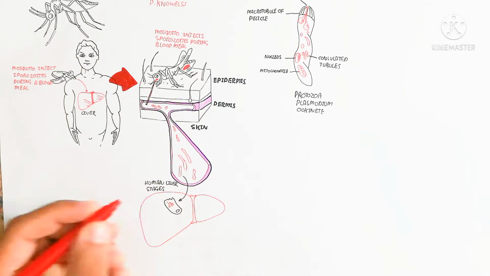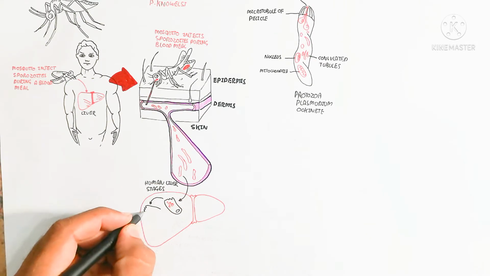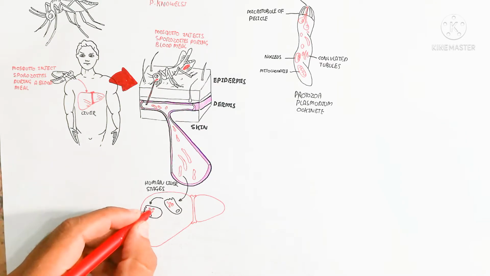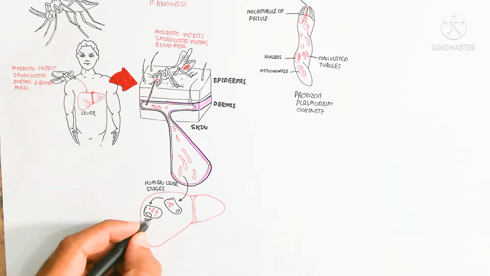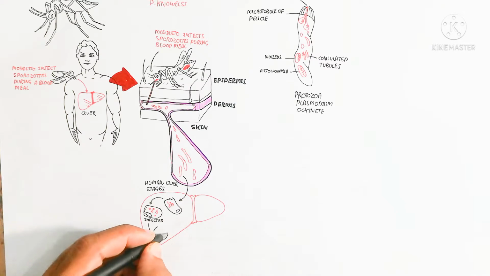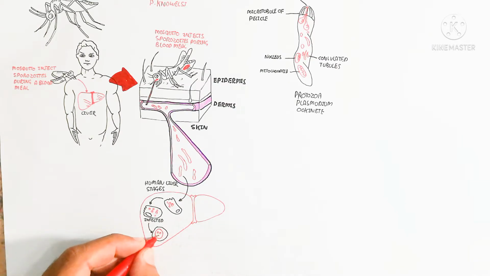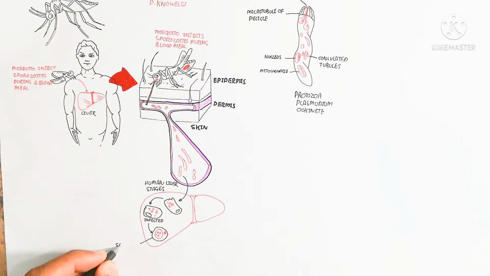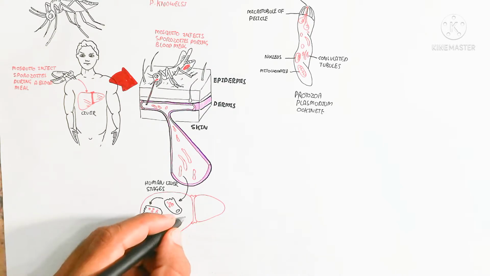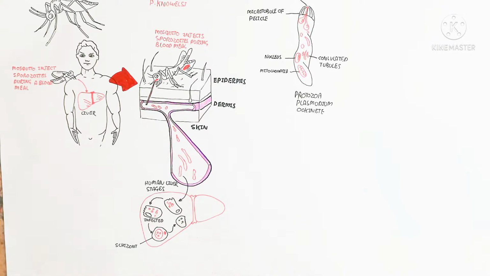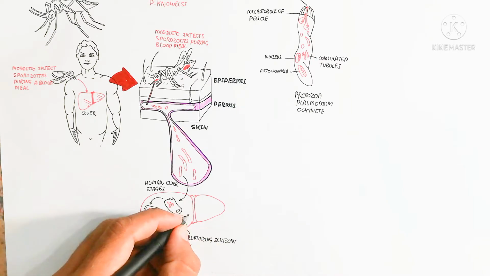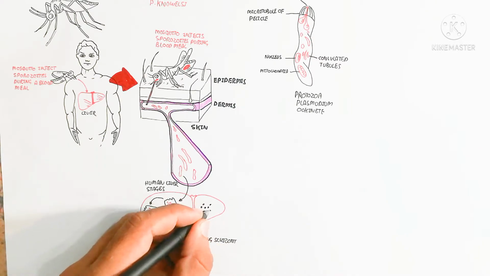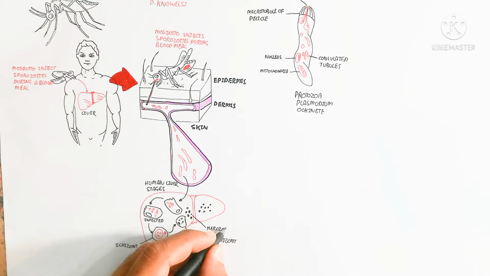In the liver, the sporozoites enter the hepatocytes. The infected hepatocyte forms a schizont, and the hepatocyte bursts, rupturing the schizont. The liver is also damaged in this case. Here you can see the merozoite formation.